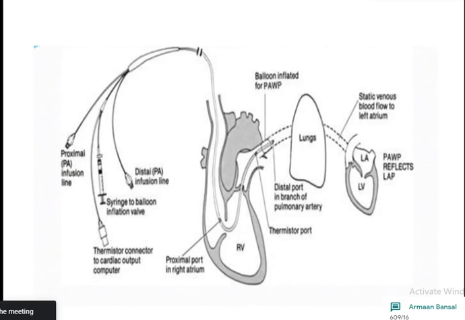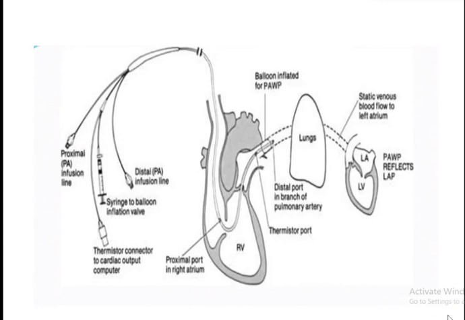If there is arrhythmia while you are doing this procedure, ventricular arrhythmia, VF or VT, that means your catheter is in the right ventricle, so you have to immediately pull it back because you will not be able to proceed further.